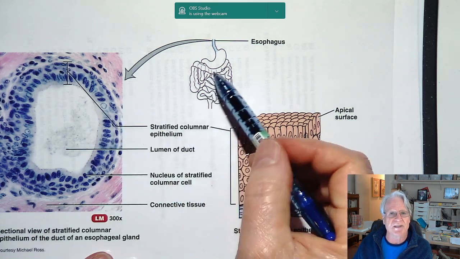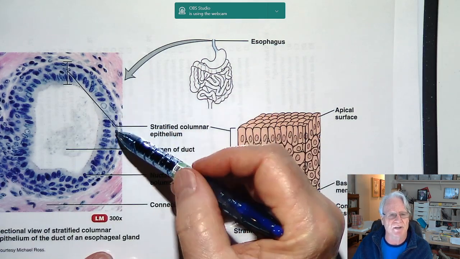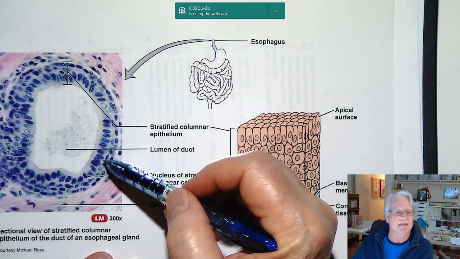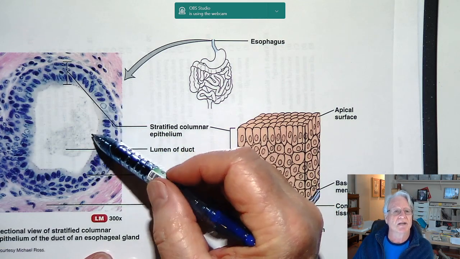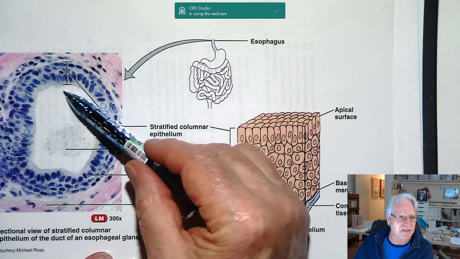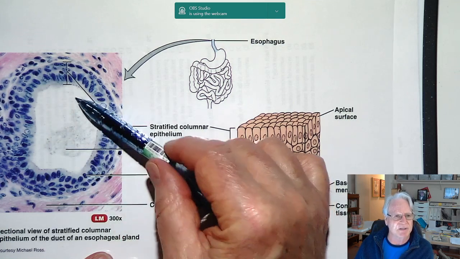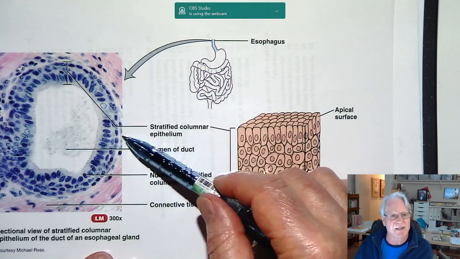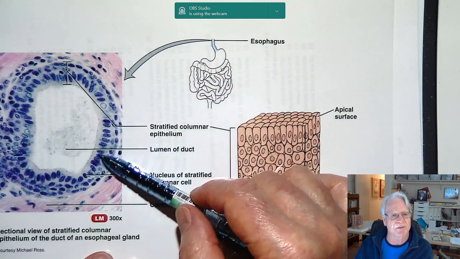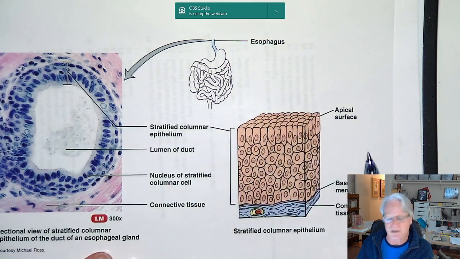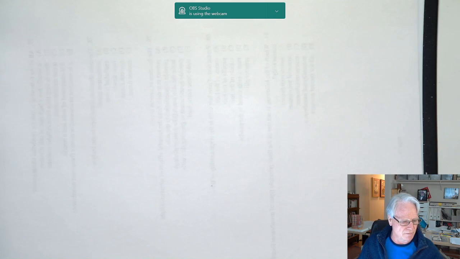These are glands within the esophagus, so they don't actually come in contact with your food, but they release the mucus, and this is the operating surface, the functional surface, and the cells that line that functional surface are the columnar cells, as you see right there. Okay. All right. Stratified cuboidal.